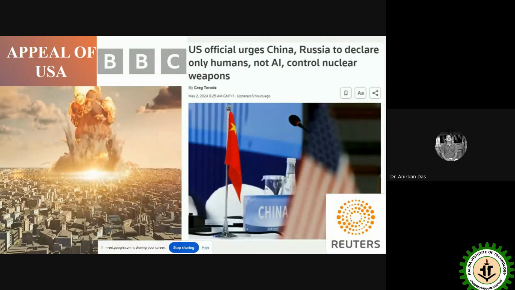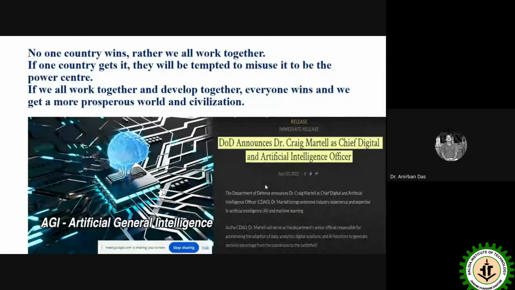And on that basis only, there is one artificial general intelligence body that has been formed. See, there is a common problem: if you have the power, the power center, ultimately there will be a temptation to misuse it, and the normal psychology is to be the only superpower, not others. For that, the United Nations is also in the picture, right?